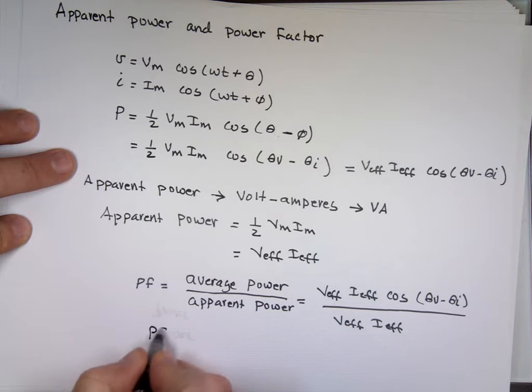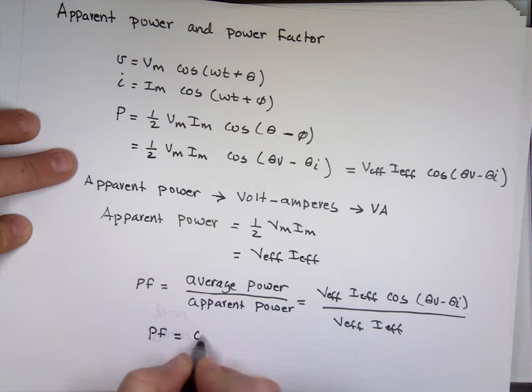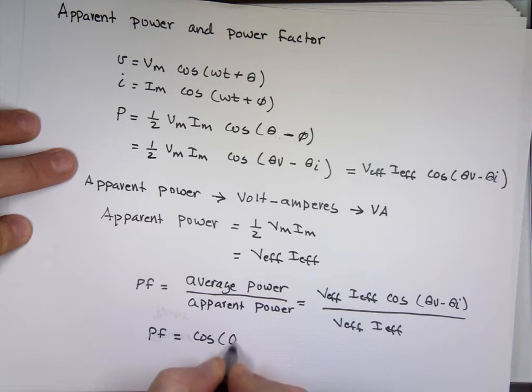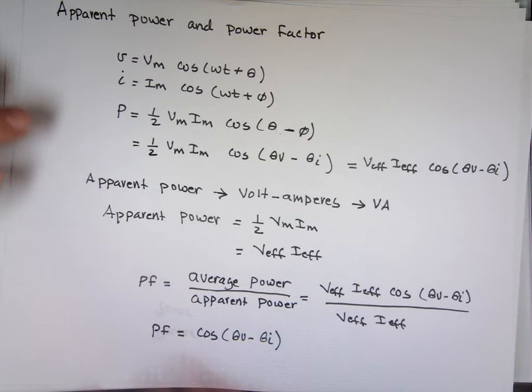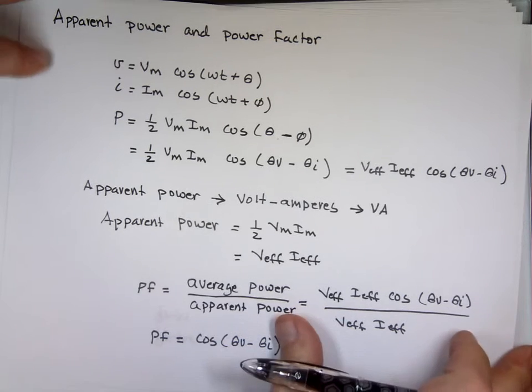They cancel each other out, and the power factor is cosine of theta V minus theta I. That's your power factor. Now again, if your load is purely resistive, I'll put that on the next page.